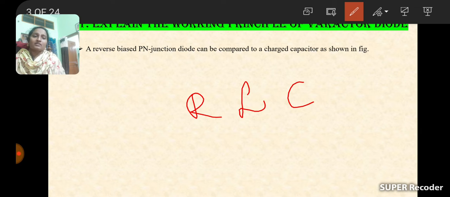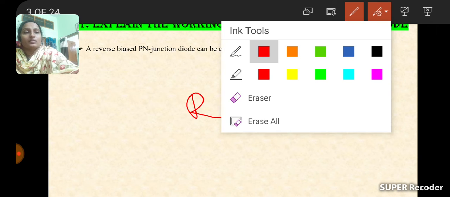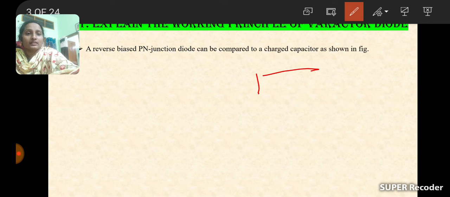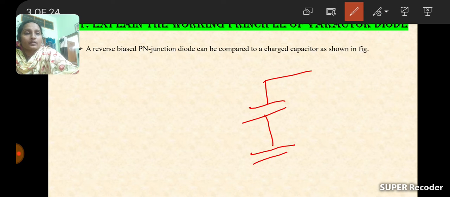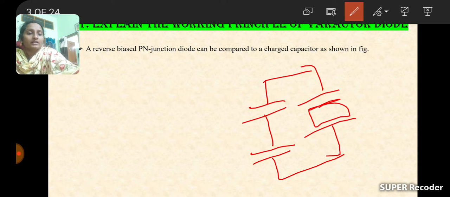The quartz crystal oscillator circuit is very similar to that of the Colpitts oscillator, except the inductor in the tank circuit is replaced with the crystal. The tank circuit of crystal oscillator is like this: there are two capacitors, and in place of the inductor it is placed with quartz crystal.